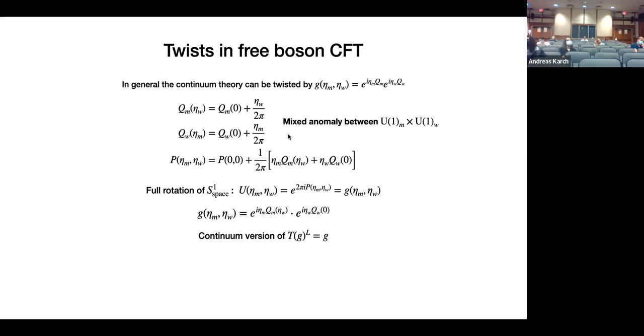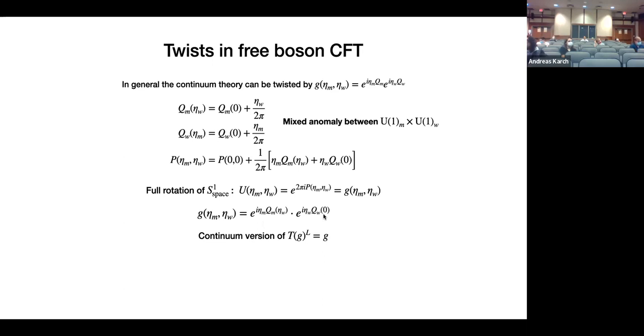However, we can only do it in a slightly unusual form. Remember, G is a U(1) rotation in the momentum and a U(1) rotation in the winding. This momentum is the momentum charge of the U(1) CFT, not the actual lattice momentum. The momentum charge is the one that is twisted by eta_W, in the presence of the twist. But in order to satisfy the relation without additional phase factors, because that's what we have on the lattice, we have to modify the winding one to be the one without the twist.